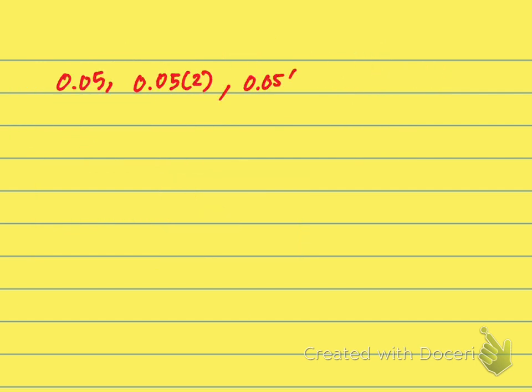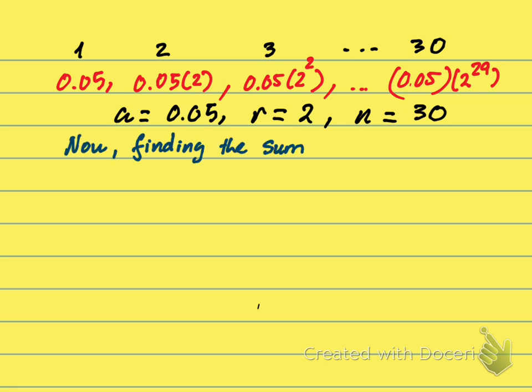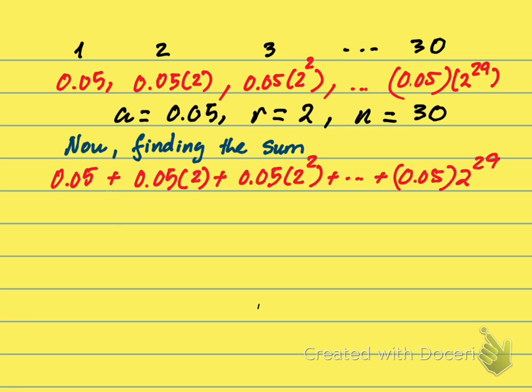Now let's look at the previous example. Here is a geometric sequence, and we want to figure out the sum of this sequence. This sequence has the initial term of 0.05, common ratio is 2, and there are 30 terms in the sequence. First term, second term, third term, and 30th term. To find the sum of this sequence, which means if we add all the terms of the sequence together, what is going to be the result?